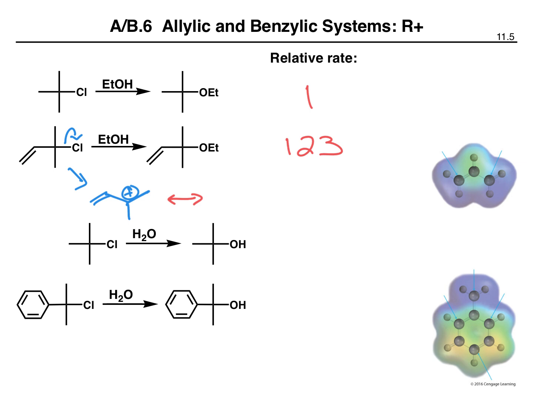So I'm using a dotted arrow to represent the imaginary movement of electrons when we're talking about resonance, and we can draw another resonance contributor that looks like this.